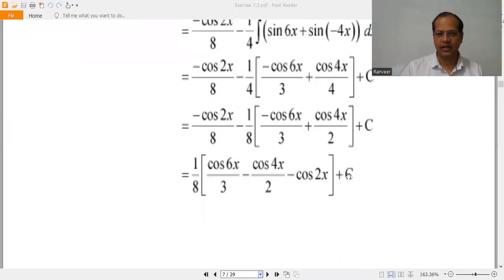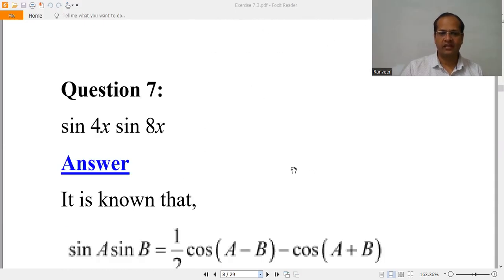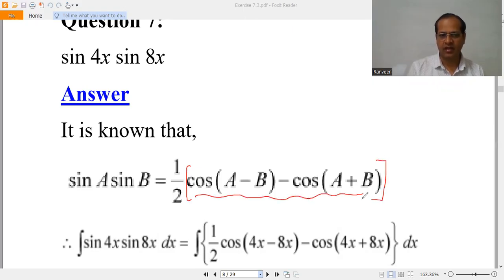Now this is the value after doing and rearranging the terms. Sin 4x, sin 8x, this is also the same question. When both the terms are sine, we just multiply by 2 and divide by 2, and this is nothing but cos(A minus B) minus cos(A plus B). So this is the basic term. Now sin 4x and sin 8x, 1 by 2 cos(4x minus 8x) minus cos(4x plus 8x), we have to apply this formula to sin 4x into sin 8x.